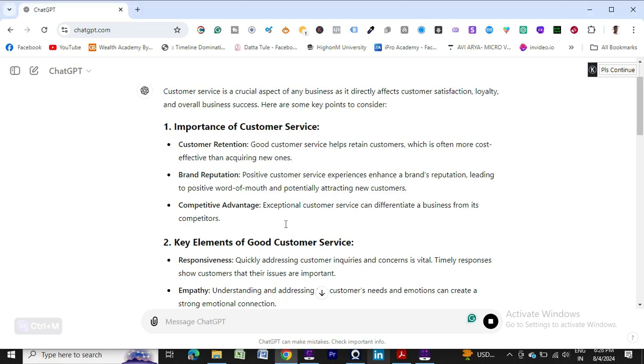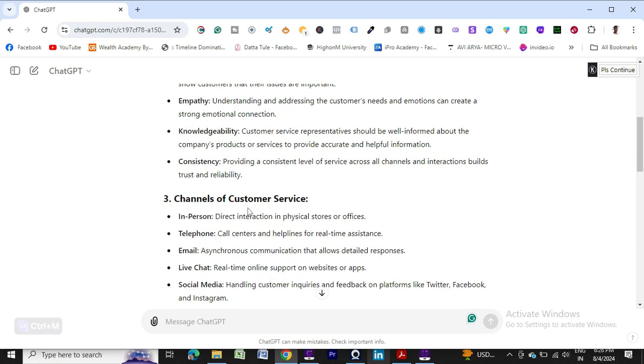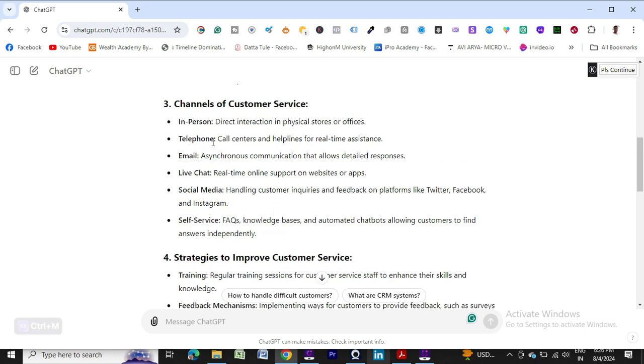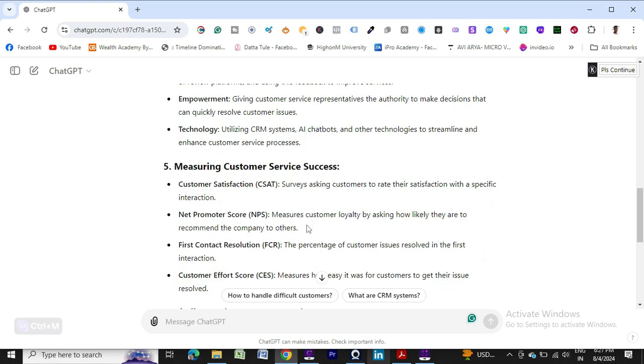Then channels of customer service: in person, telephone, email, live chat, social media, all the details. Strategies to improve customer service, all the generic answers you will get, a complete, detailed and informative set of ideas as you have asked a generic question.